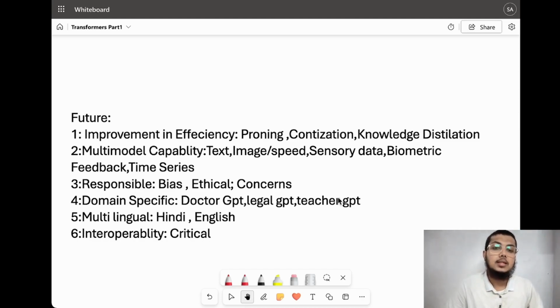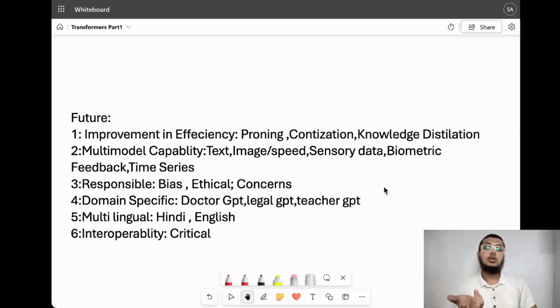One more thing is that transformers go multilingual. Till now, most of the training that has happened, most of the data on the internet is around English. But recently, I can see development around regional language based transformers, like many on Hindi also. Right now, Indian startups are working on it.